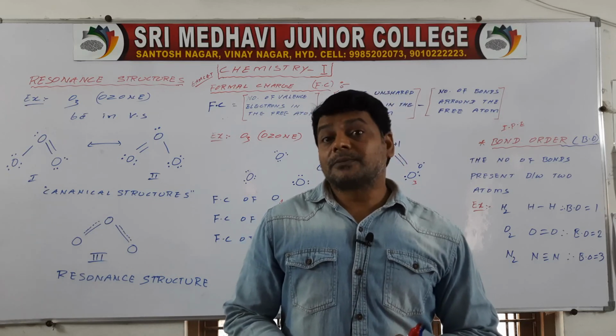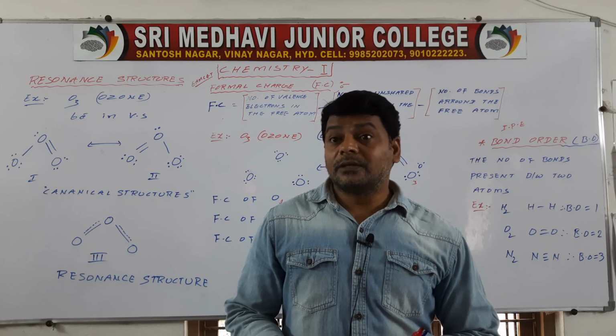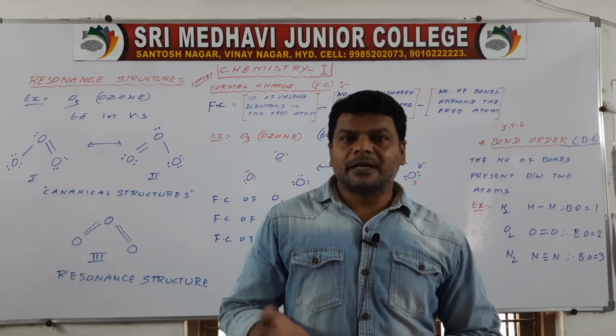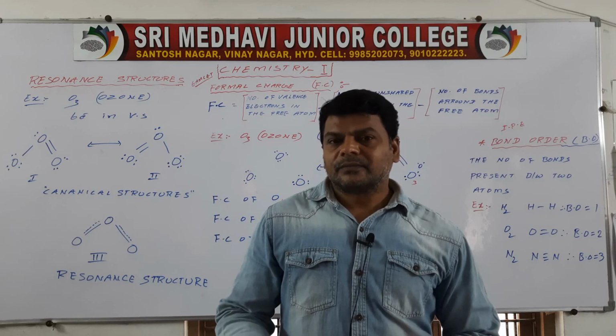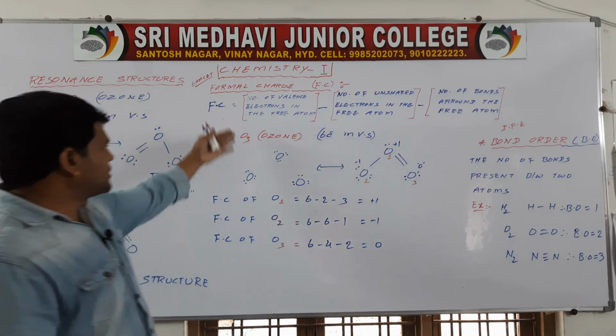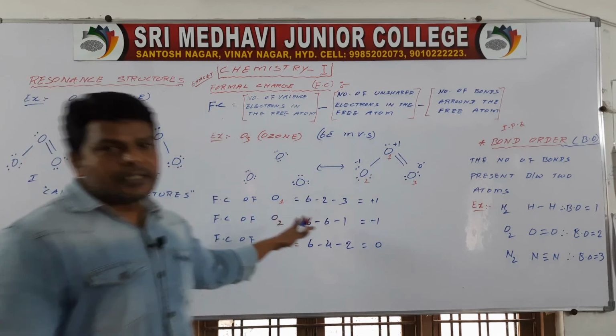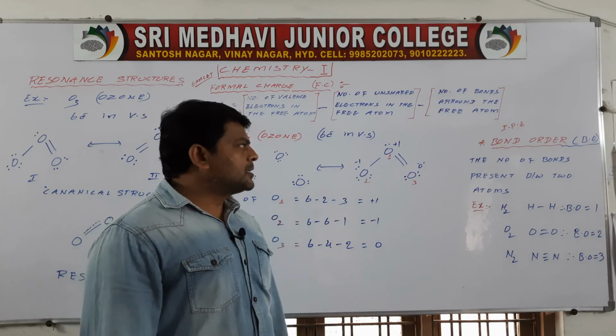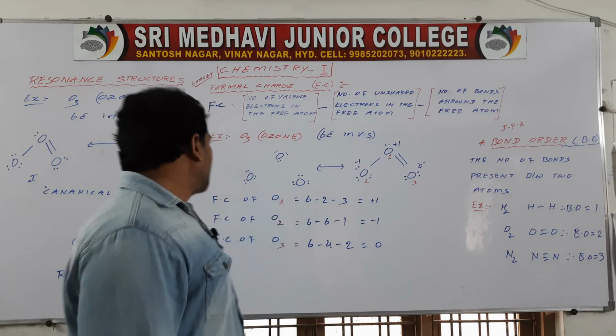How many types of covalent bonds? 3 types: single, double, triple. Next, bond order. Next, formal charge. Formal charge means like this. You may practice formal charge for some more molecules. Next, bond order: the number of bonds present between the two atoms is called the bond order.